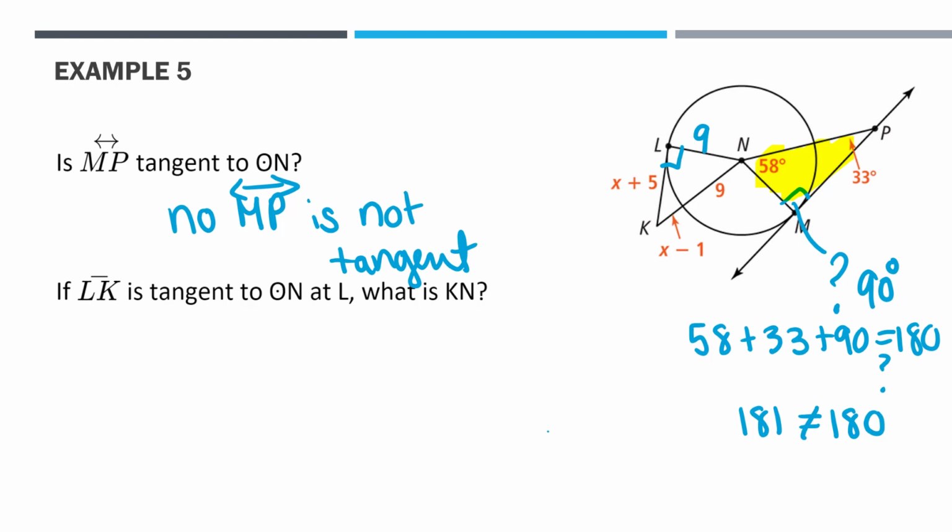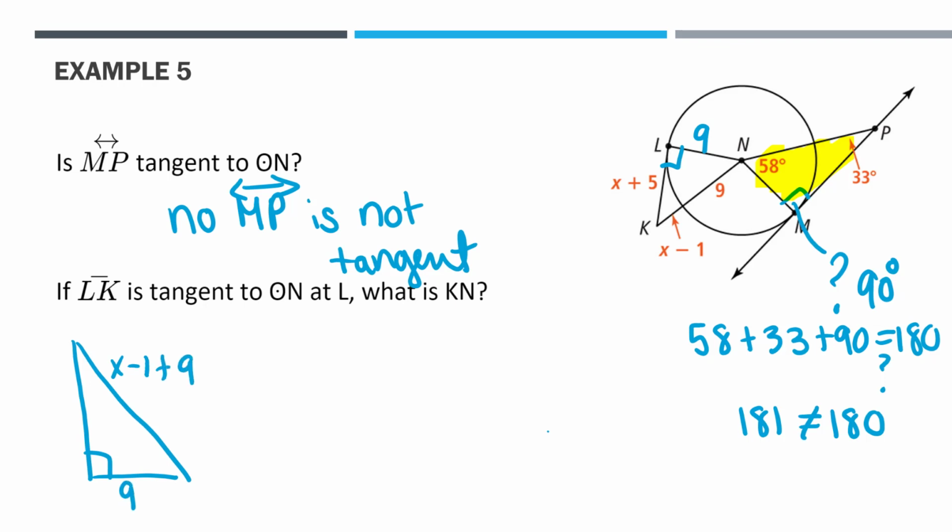The second part of this question tells us that LK is tangent at L. So that means that we know that there's a right angle triangle. So if I redraw this triangle, the hypotenuse will be x minus 1 plus 9.